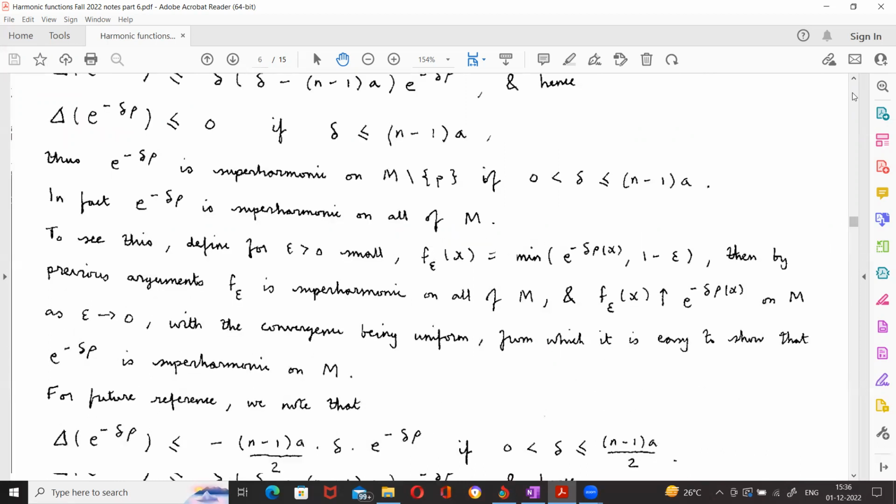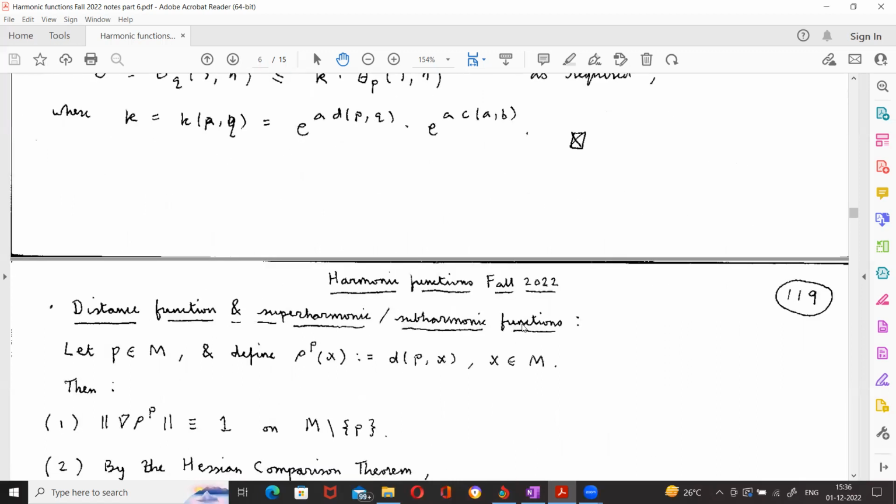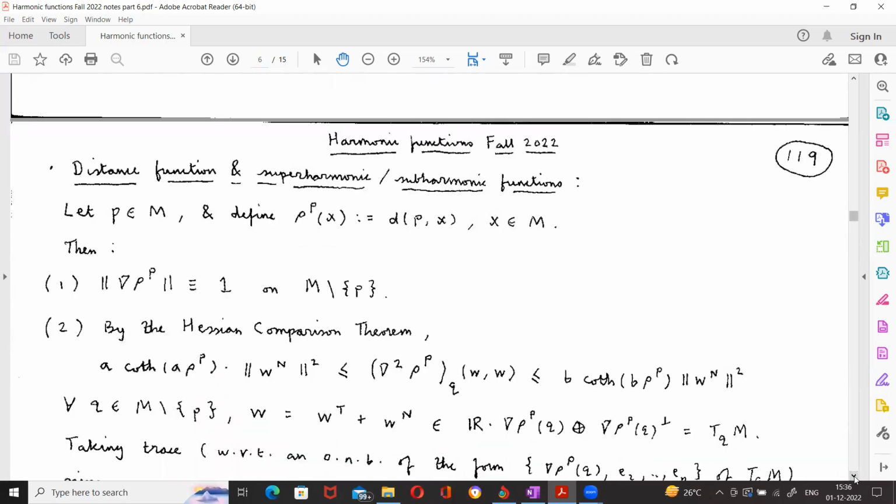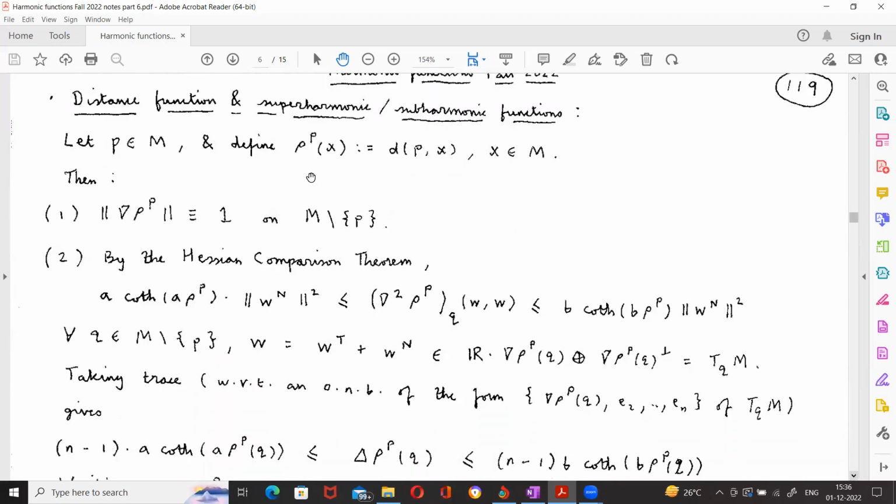A key point in this is looking at the distance function from a point and using that to construct superharmonic and subharmonic functions. So how do we do that? Fix a point P in M and let rho_P of X be the function distance from X to P. Okay.